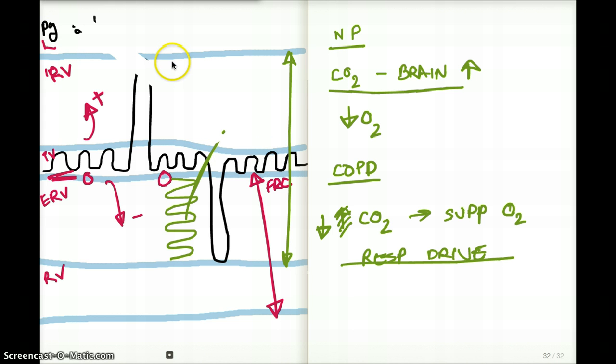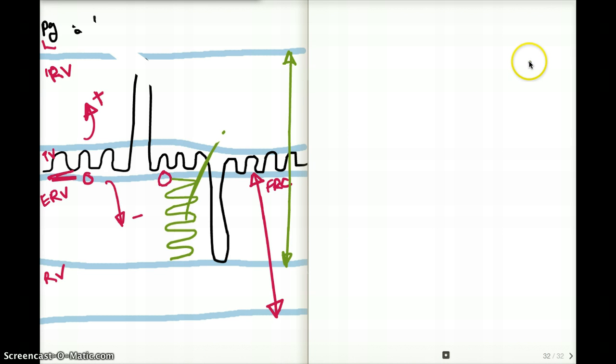Now, the last thing I want to talk about is, let's say, they give you this lung volume curve, and this is not, by the way, anything to do with COPD. I've talked about COPD. I'm pretty much exhausted that topic. So let's take a different point of view.